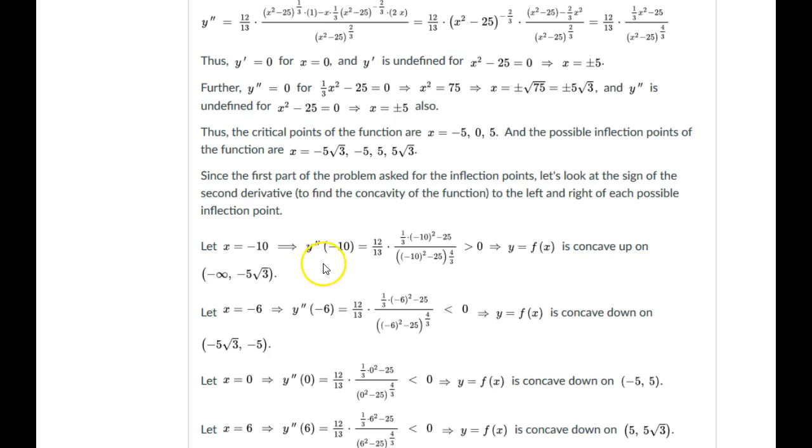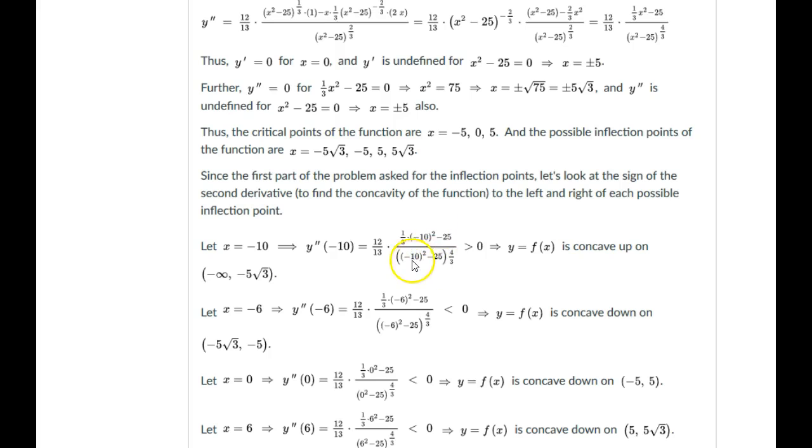So to the left of −5√3, the square root of 3 is about 1.7, so 5 times 1.7 is less than 10. So we'll look at x equals −10. That's to the left of −5√3. Plugging that into the second derivative, we get 1/3 times 100, so about 33, minus 25.